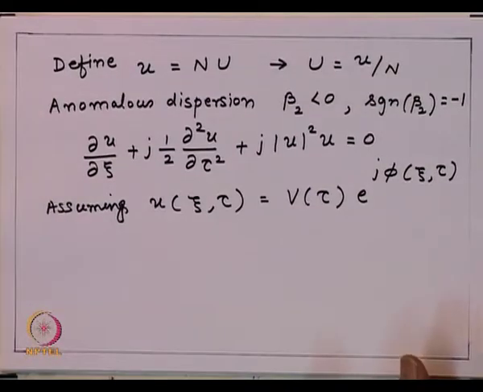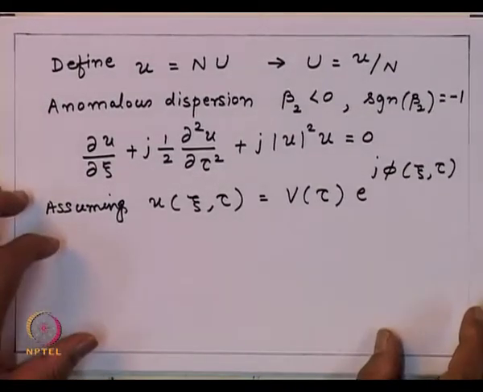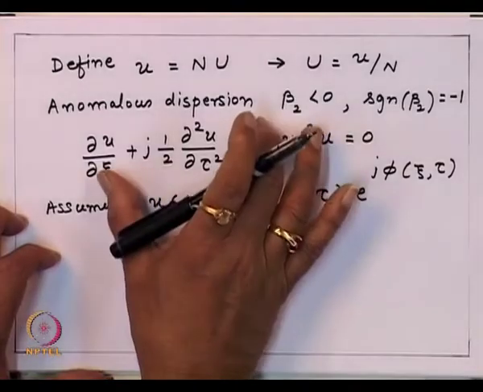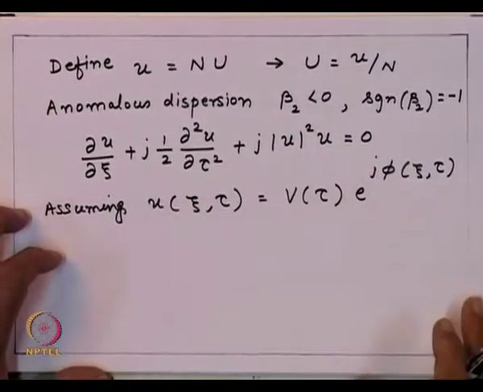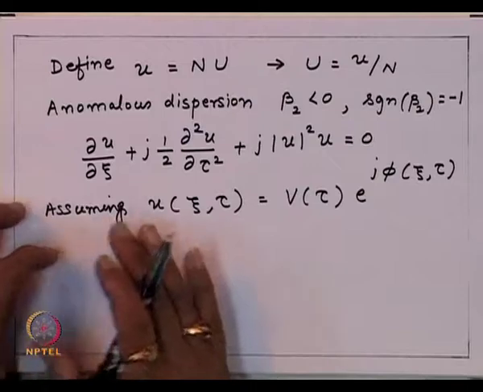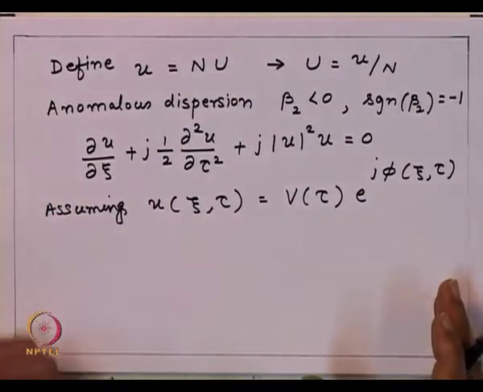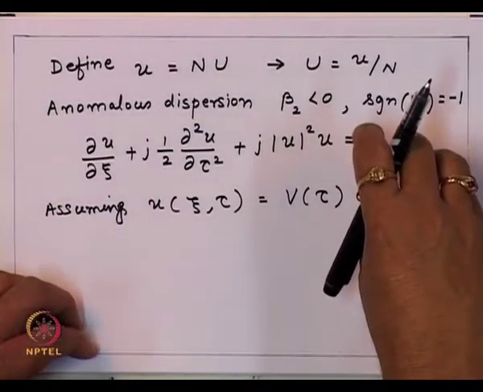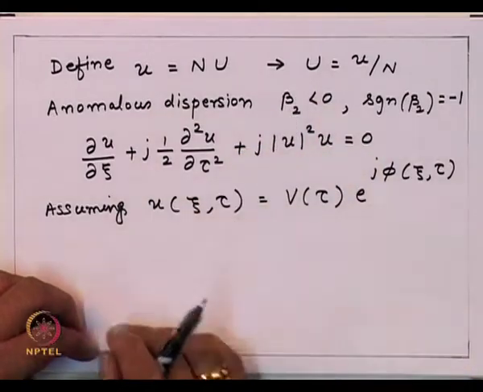So, if I substitute this into the equation and separate out real and imaginary parts, you will see that you get two equations. One is the equation for phi, the other is the equation for v.